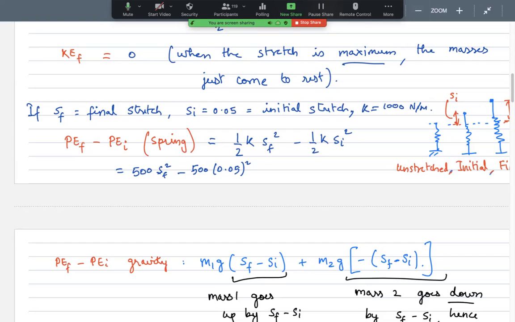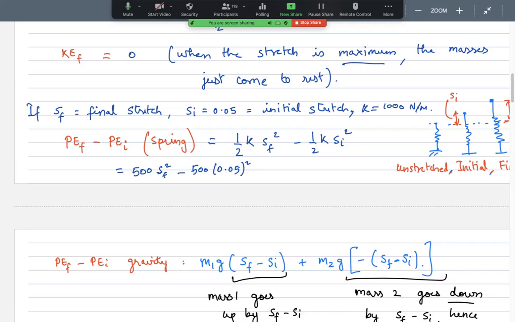A common mistake that I see for spring potential energy difference is sometimes people write half K (S_F minus S_I) whole square. That is not a correct expression for the spring potential energy difference. It is S_F squared minus S_I squared.